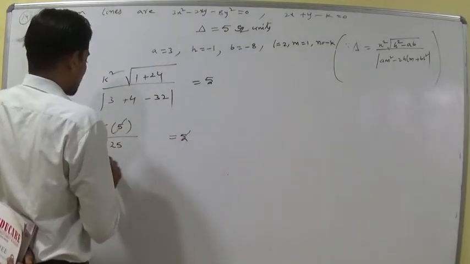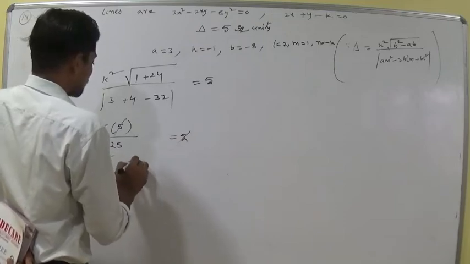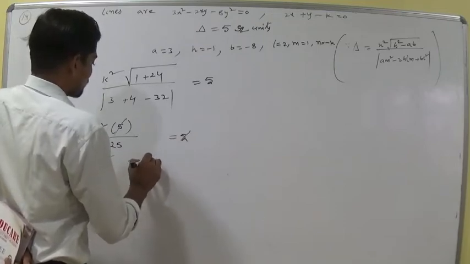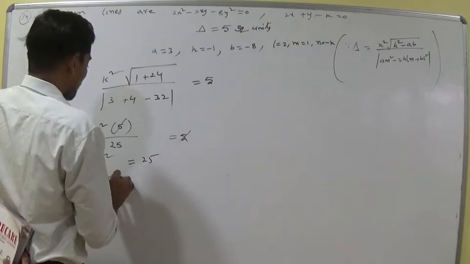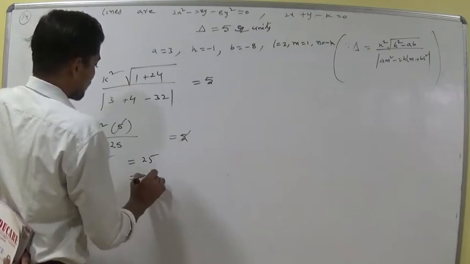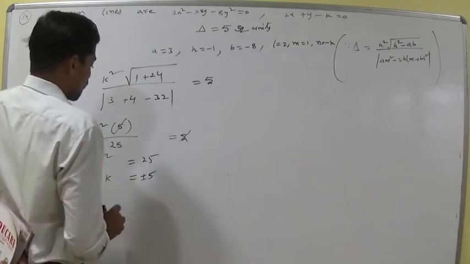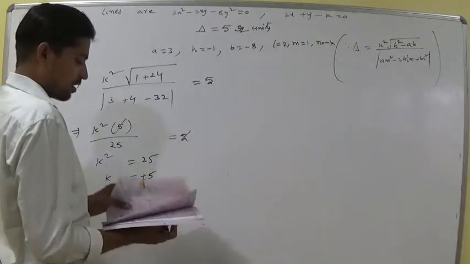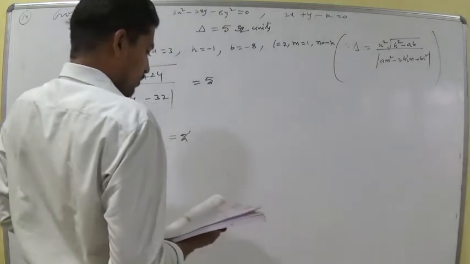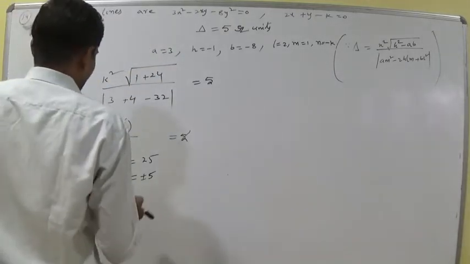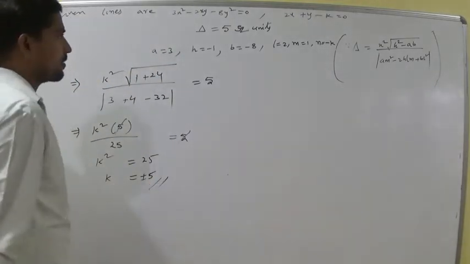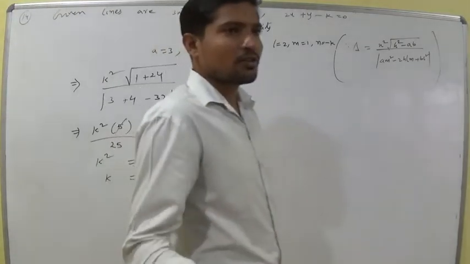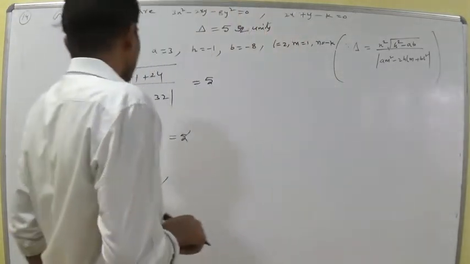So k square is equal to 25, k is equal to plus or minus 5. But according to our problem, the given options have only plus 5. K is equal to plus or minus 5. Understand? So substitute the values, then you can get it.